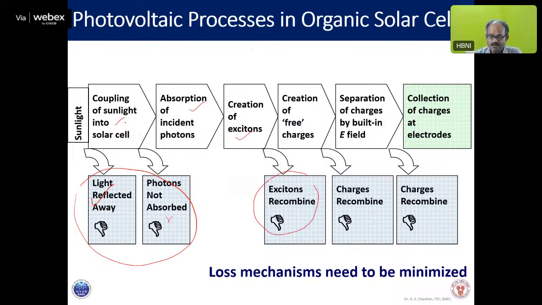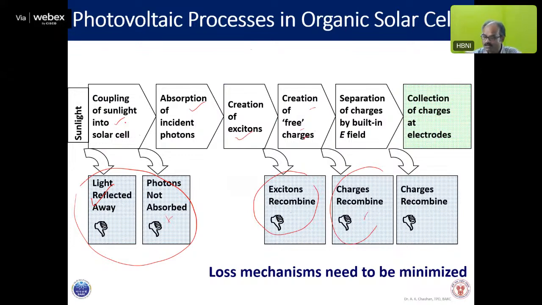Let us assume it doesn't recombine, then it will create free charges, when sufficient activation energy is there, which is usually at the boundaries. Suppose free charges, or an electron-hole pair, are created, then it is still possible that they can recombine back. If it recombines, that is again lost.